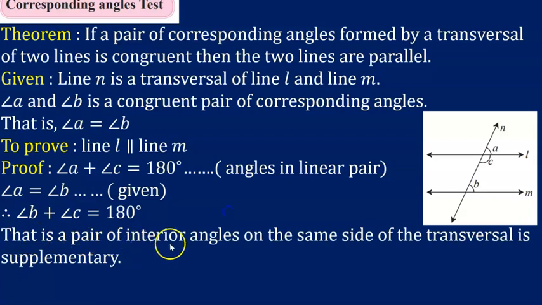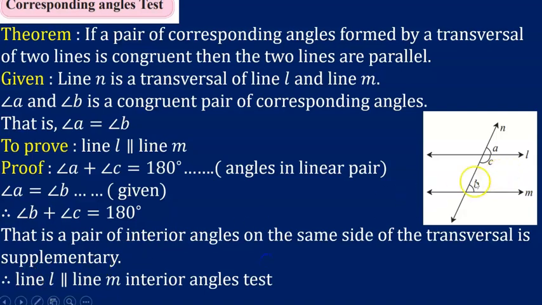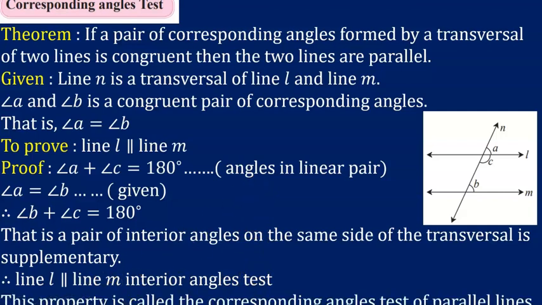This is a pair of interior angles on the same side of the transversal that is supplementary. Therefore, line L is parallel to line M by the interior angle test, and hence this property is called the corresponding angle test of parallel lines.